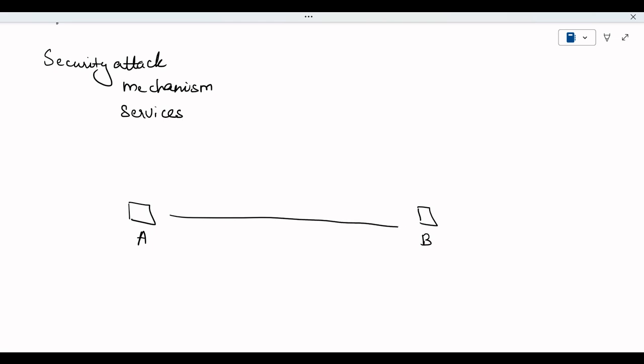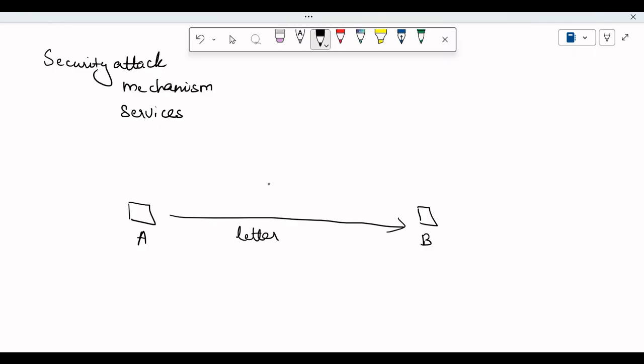This letter is not going to be transmitted by a single intermediate person. Of course, an intermediate person is involved, and not just a single one. During the course of data transmission, so many intermediate entities will be involved. So what are the possible attacks that can be performed by the intermediate entities?